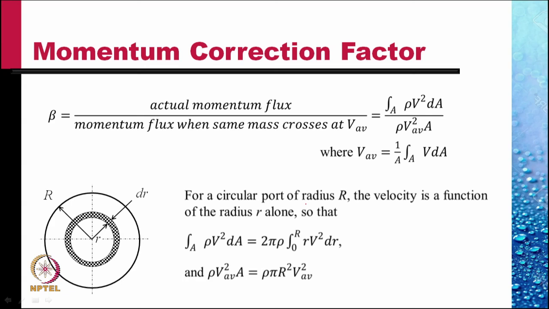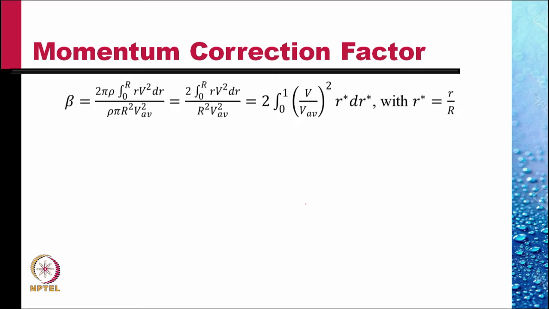So consider a ring of thickness dr at radius small r, and the total momentum flux would be twice pi rho integral 0 to capital R, r V square dr. This is the numerator, and the denominator would be simply rho times the area pi R square into V average squared. That is, beta is equal to the numerator divided by the denominator.